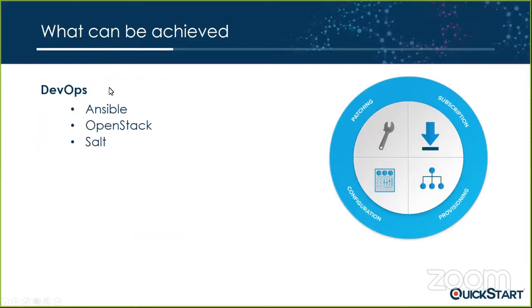Okay, what else can we achieve? DevOps. About the DevOps, all I can say is the only constant in the IT industry is the change. Today, the DevOps is defined like it's a kind of next game changer in IT.